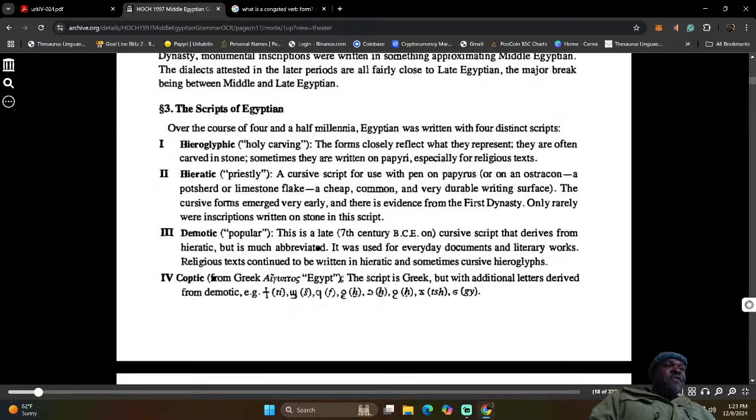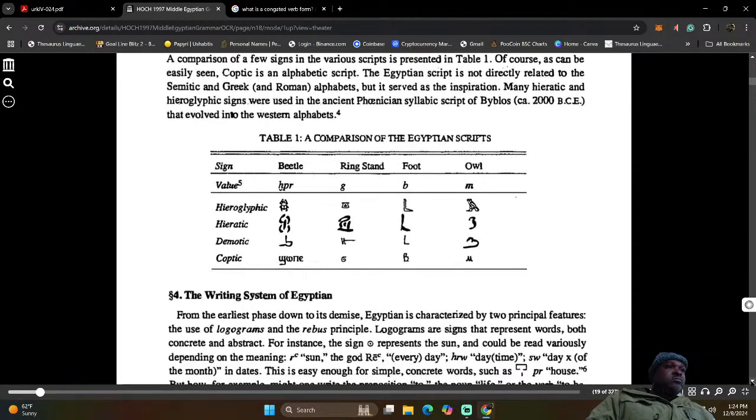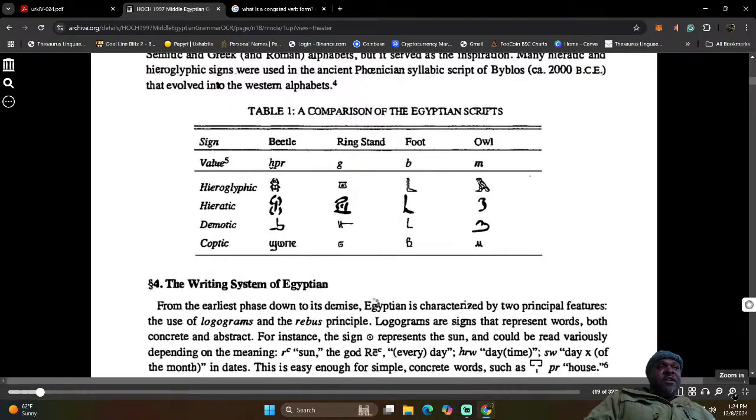But we even learned that 50% of the Coptic inventory is ancient Egyptian. So if we identify the difference between a script and a language, we won't get into trouble later. And he's just showing a comparison of some of these scripts, right? If you can see, some of them are fairly similar.